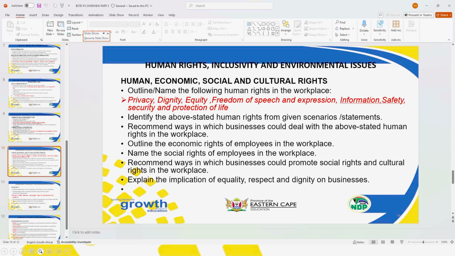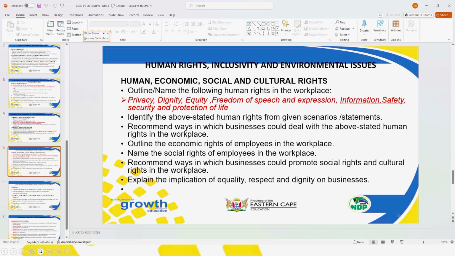With this one, you need to know the human rights, the economic rights, social rights, and lastly the cultural rights. Then for the human rights: the right to privacy, the right to dignity, equity, freedom of speech and expression, information, safety and security, and protection of life.